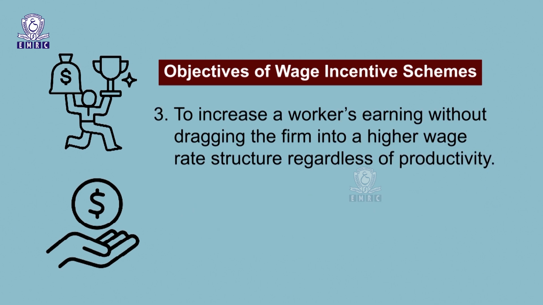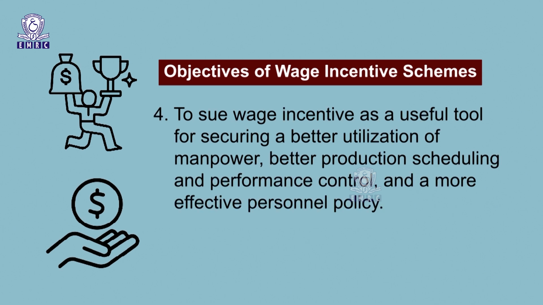And third, to increase the worker's earning without dragging the firm into a higher wage rate structure regardless of productivity. And fourth, to see wage incentive as a useful tool for securing a better utilization of manpower, better production scheduling and performance control and a more effective personnel policy.